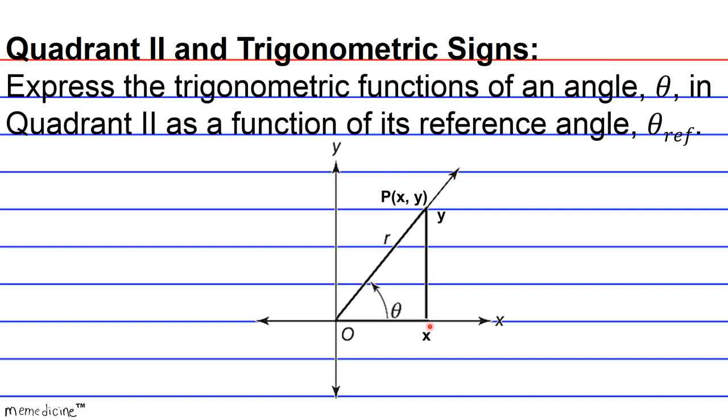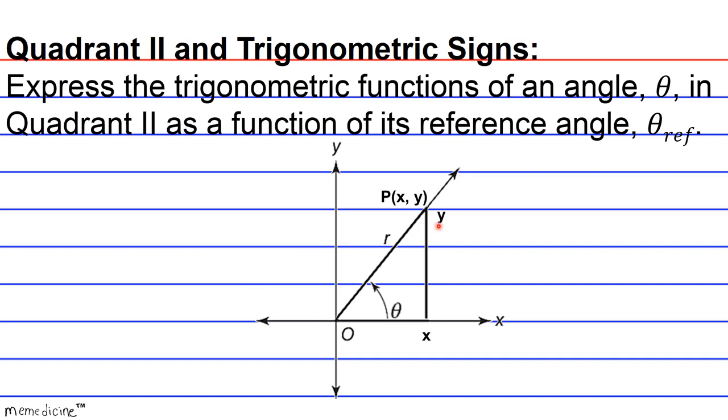And notice that the signs of x and y can either be positive or negative. For x, it's going to be positive in quadrants 1 and 4, but negative in quadrants 2 and 3. And for our case in this session, it's going to be negative because we're interested in quadrant 2.